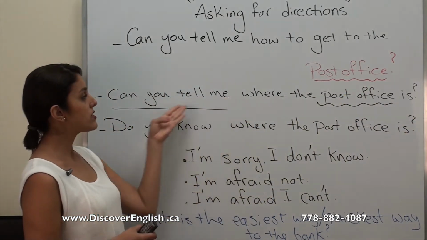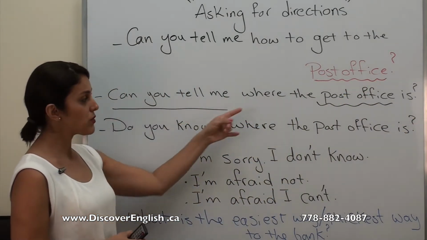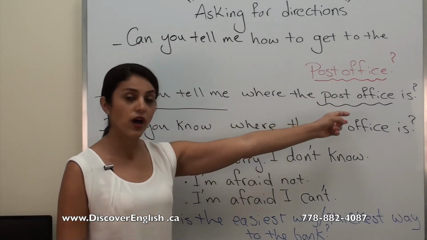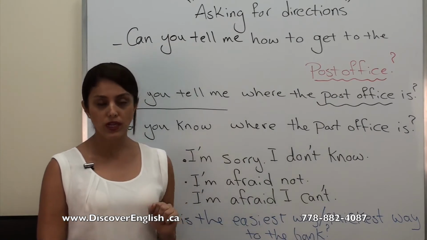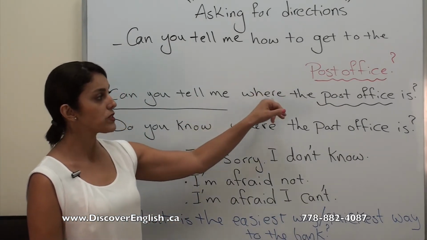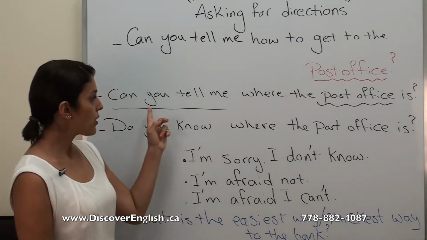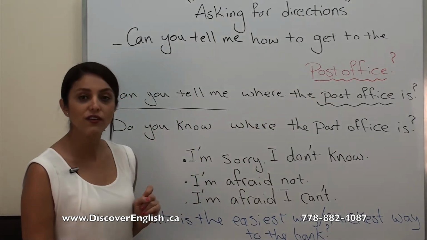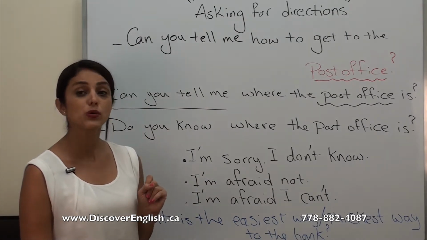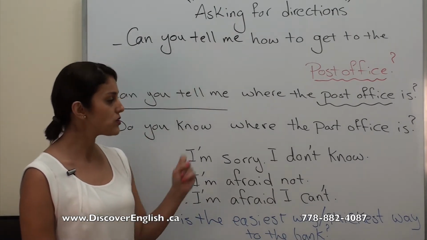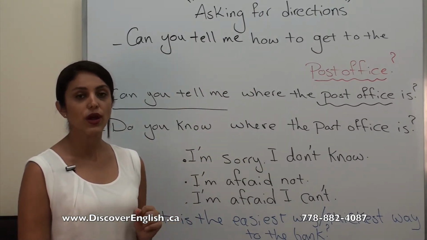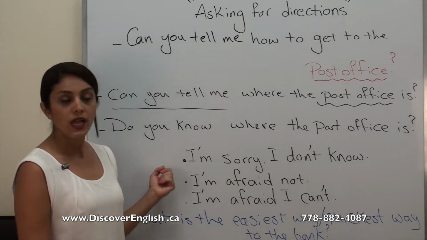When you have one question before your question, the second one is not in question form anymore. So, where the post office is. Can you tell me where the post office is? Or do you know where the post office is? These are some different forms that you can use whenever you're asking for directions.